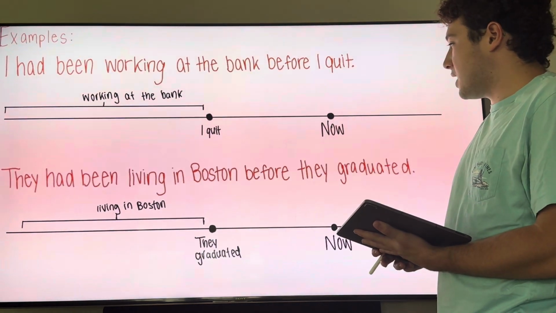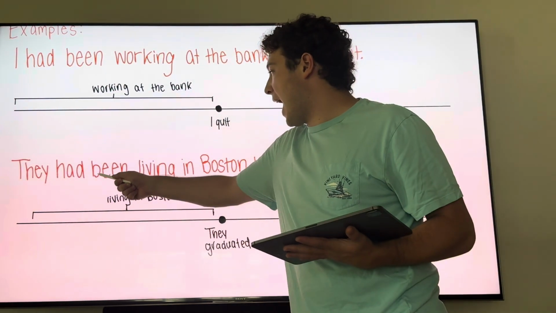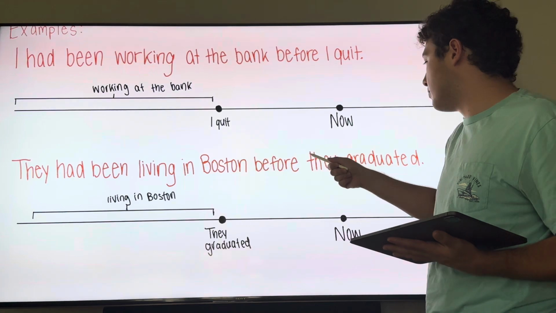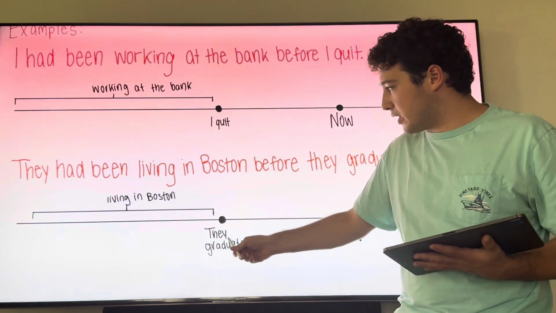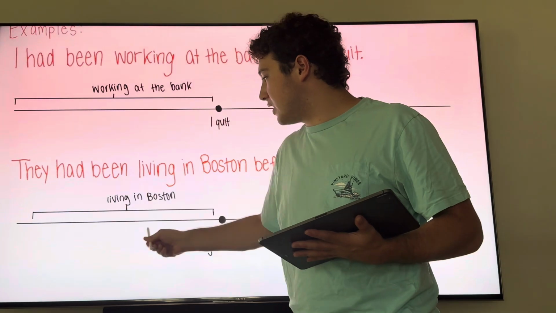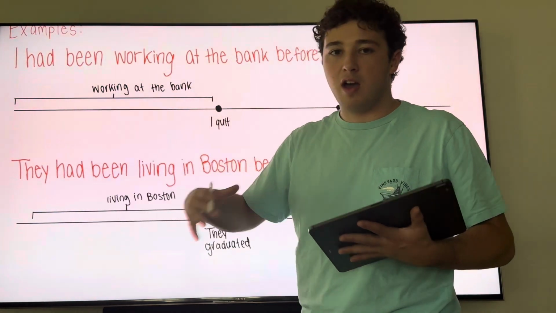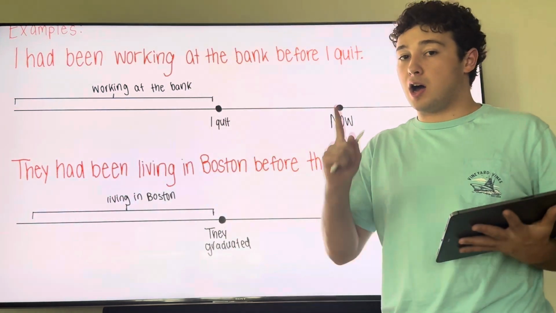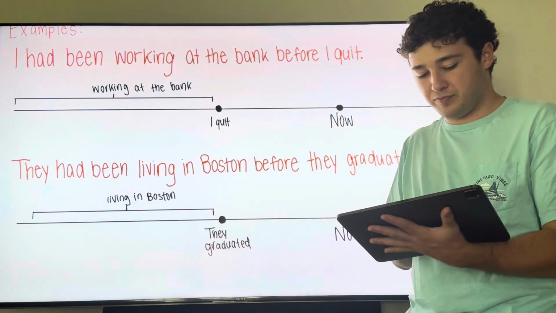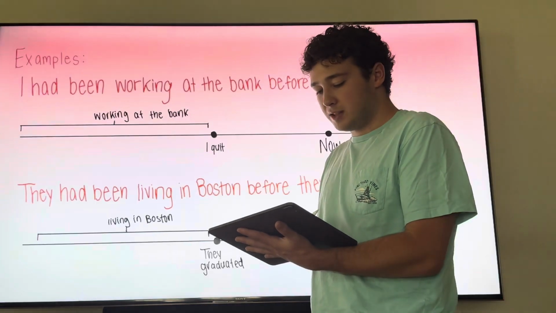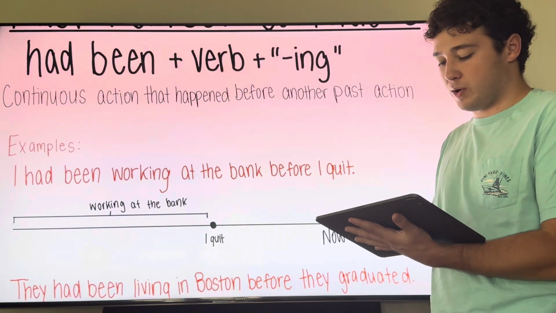So, same here. They had been living in Boston before they graduated. Here is now, they graduated here, and they had been living in Boston before, for a long period. Not just one independent action, a long stretch. So, let's look at the format real quick.